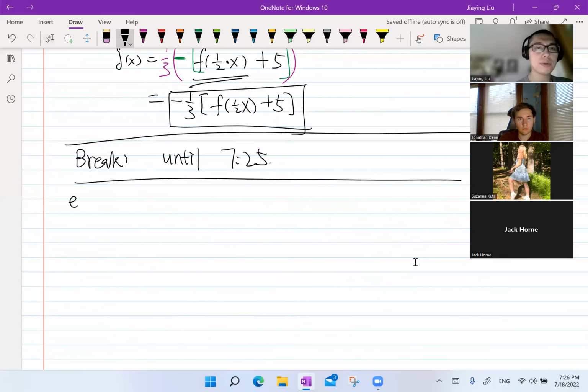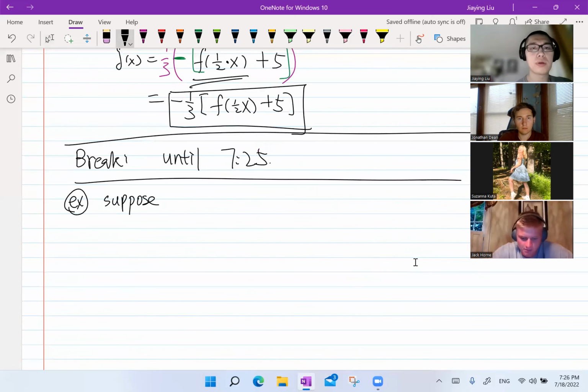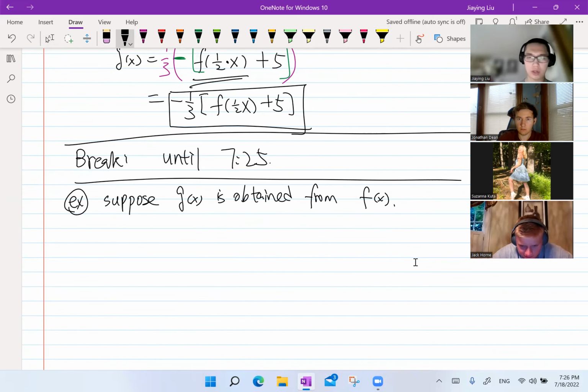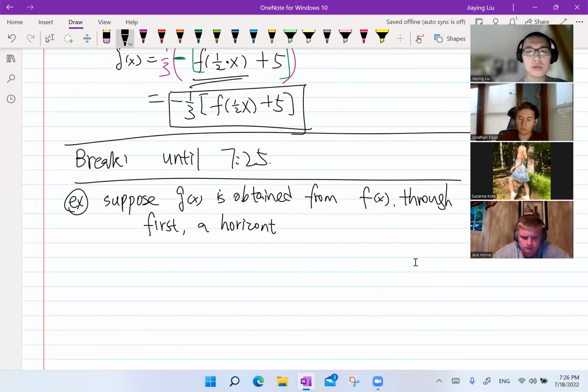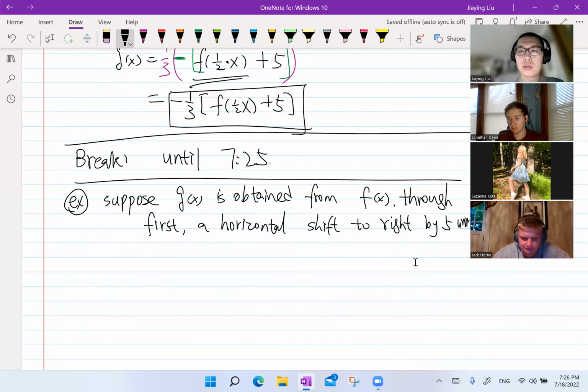So let's see. Suppose g of x is obtained from f of x through, first, a horizontal shift to the right by 5 units, then a horizontal compression of a factor of 4.